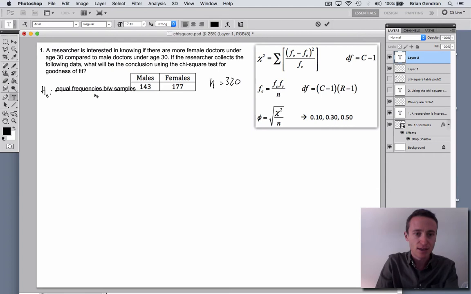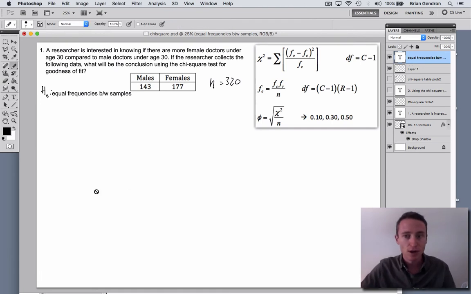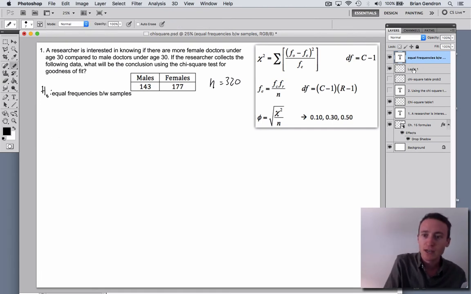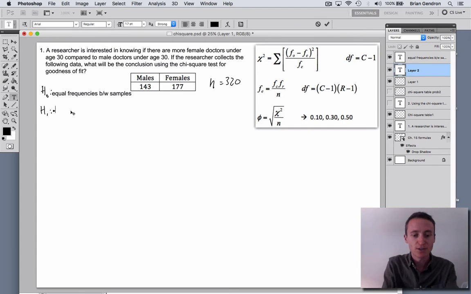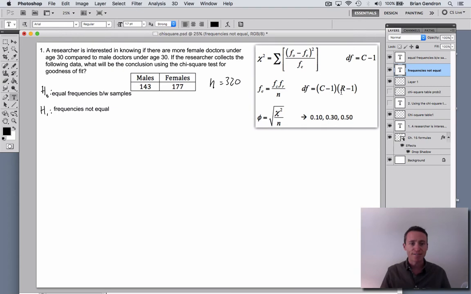And the alternative hypothesis, on the other hand, is saying, no, they're not equal. We have some unequal frequencies. So frequencies are not equal between your samples. All right, so something to that effect.